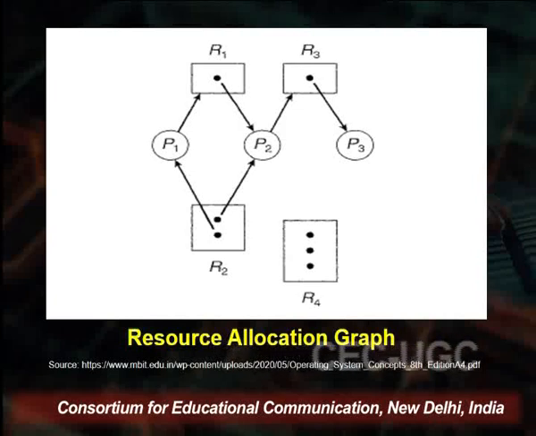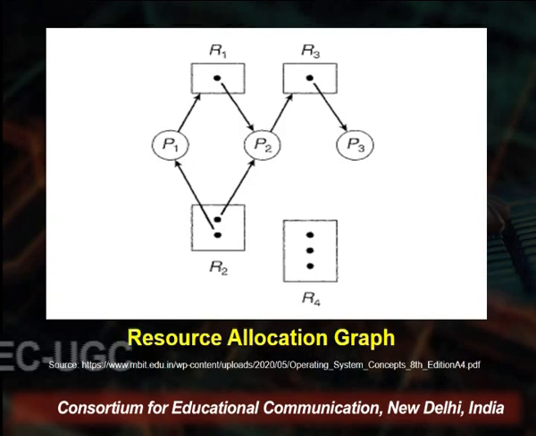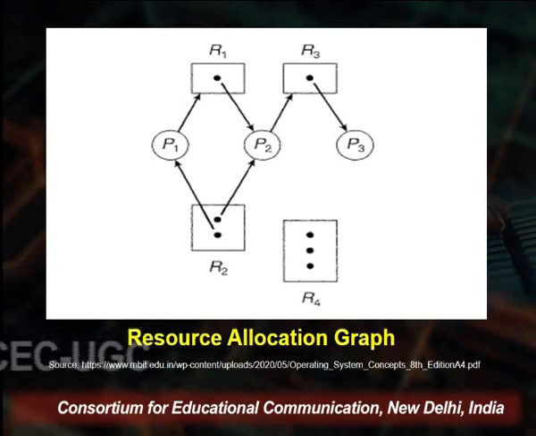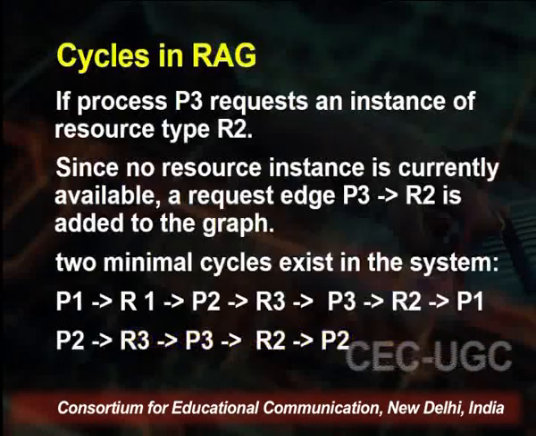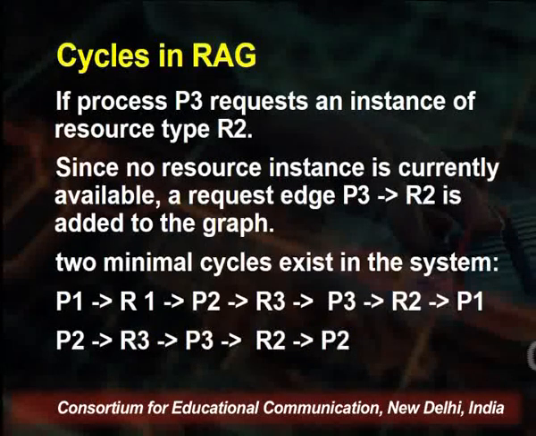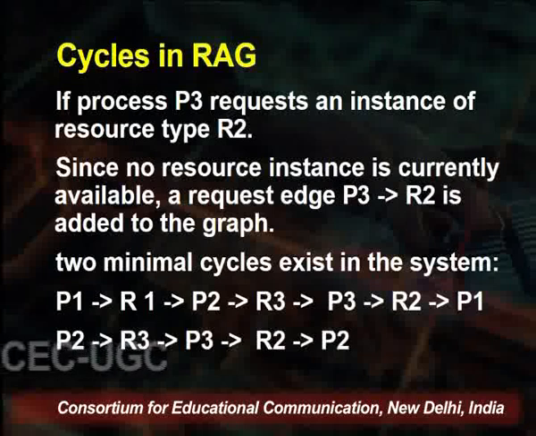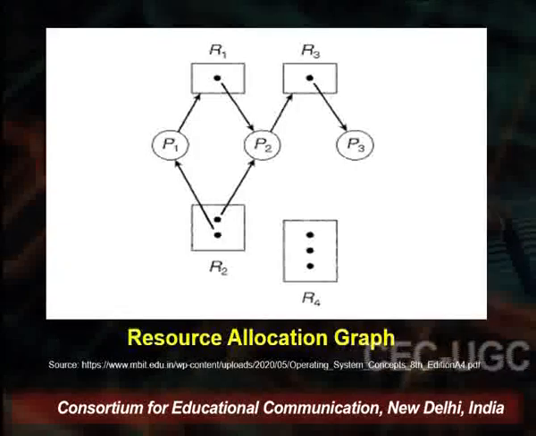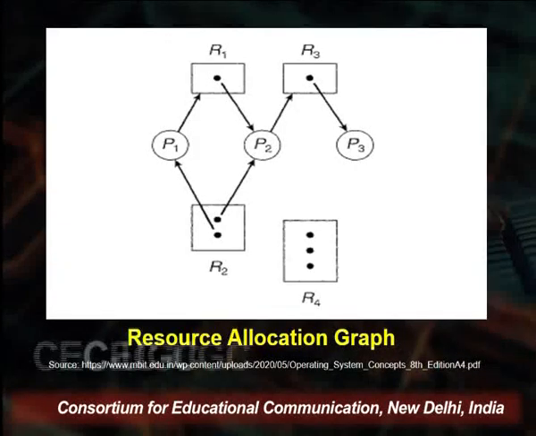But as there are multiple instances of R2, one of which is given to P1 and another to P2, there is no cycle if we consider the resources R1, R2 and the processes P1, P2. Now if the process P3 requests an instance of the resource type R2, then there is going to be an edge from P3 to R2.